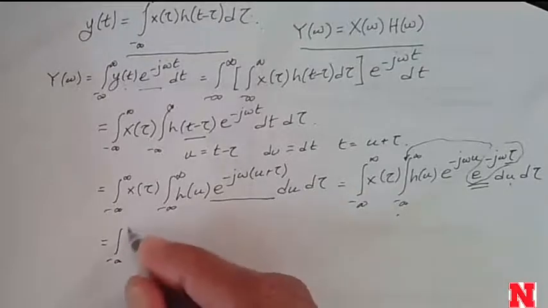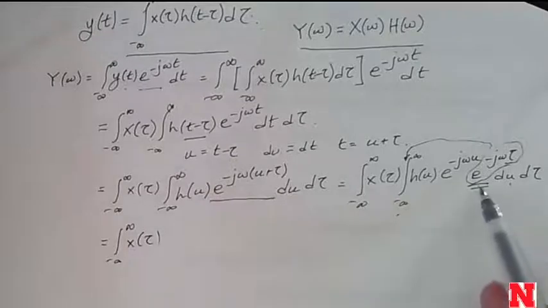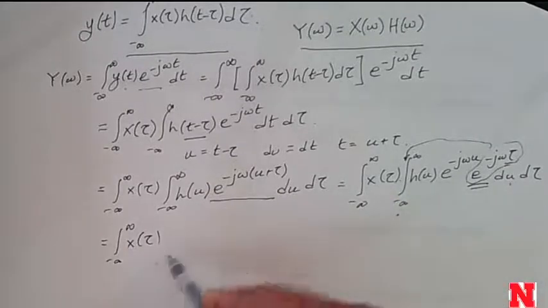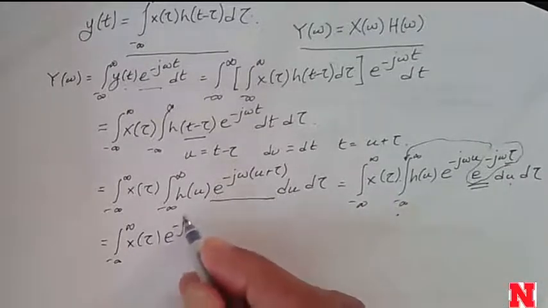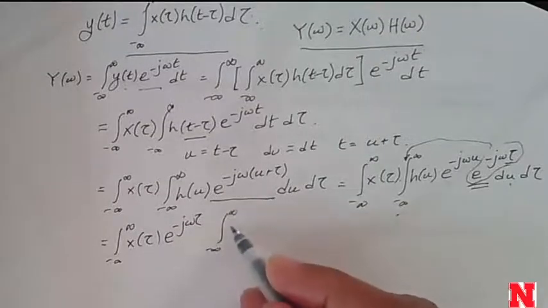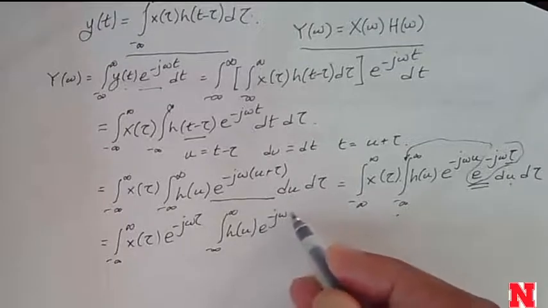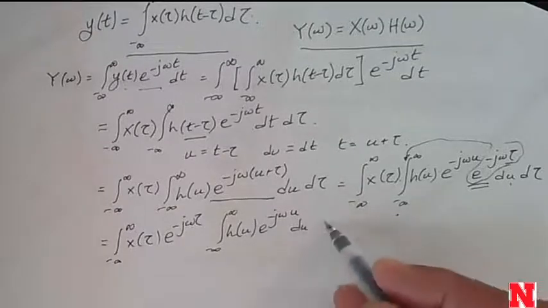I get the integral from minus infinity to infinity of x of tau, and I'll take that e to the minus j omega tau and put it here. Then here I have the integral from minus infinity to infinity of h of u, e to the minus j omega u du, and then d tau.